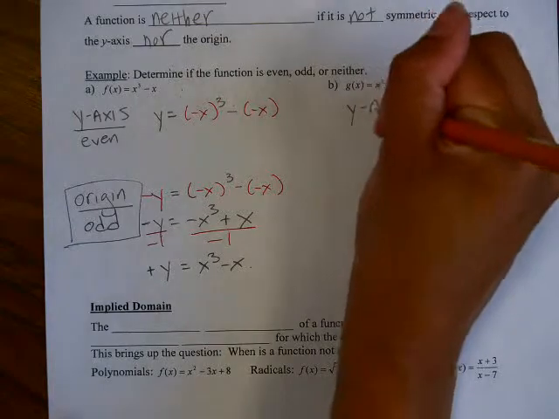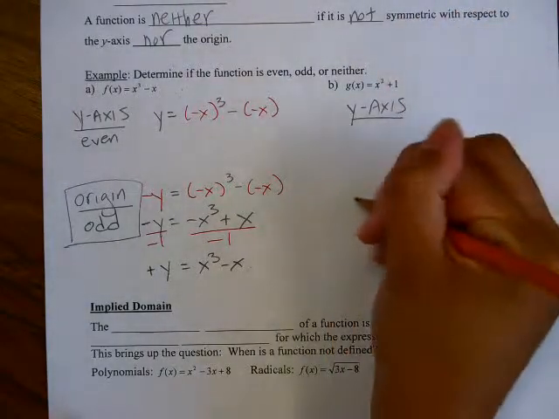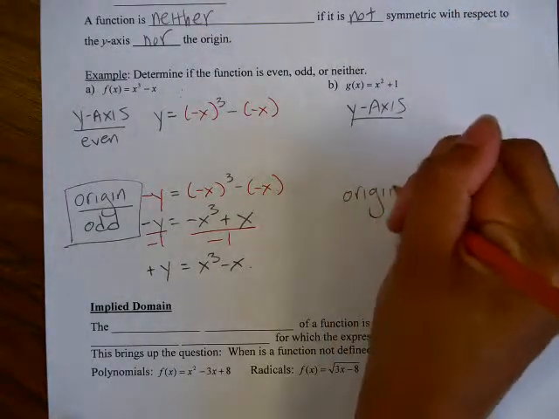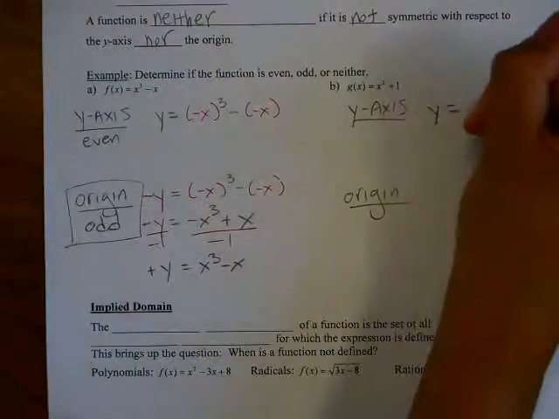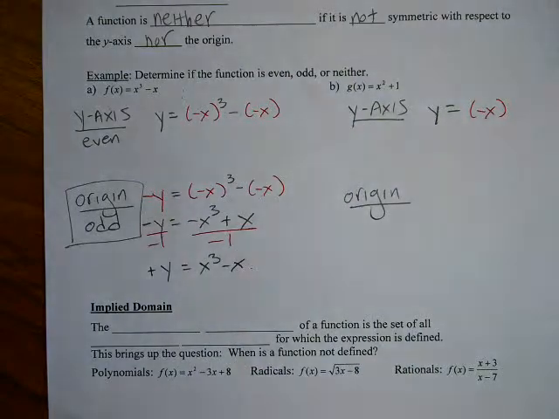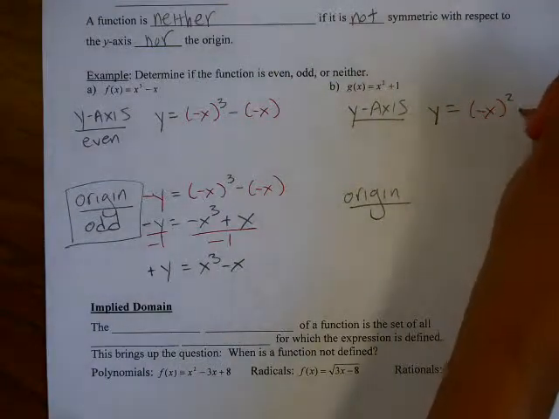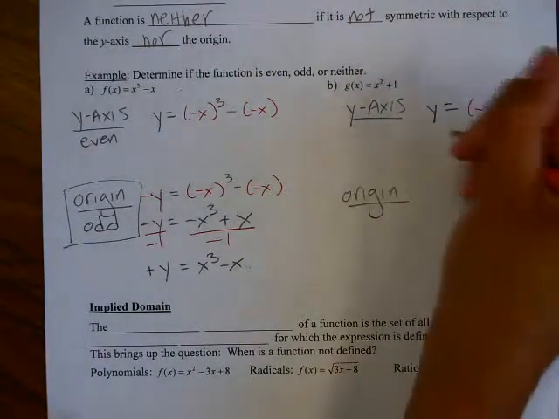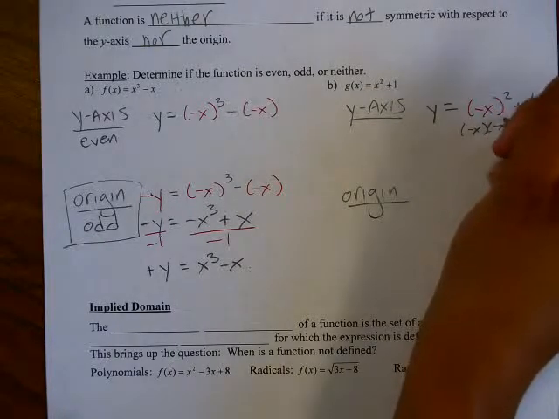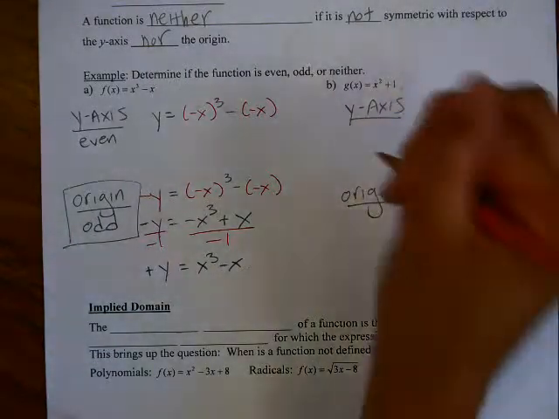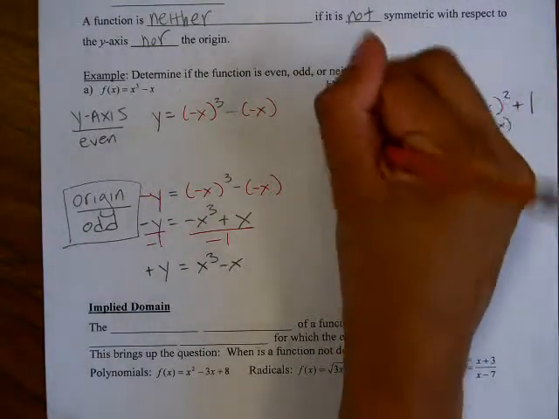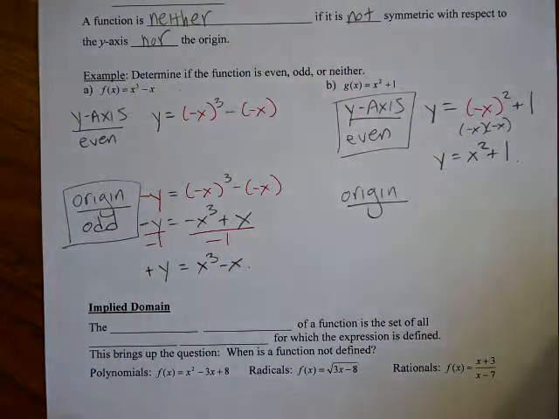Okay, first, I want to check for our two types of symmetry. So here we would get negative times a negative, so we would get positive x squared plus 1. That is the same as our original, so we know that this is going to be an even function.